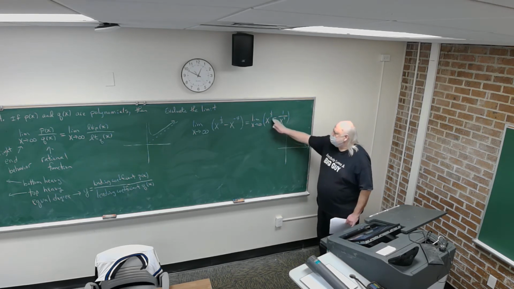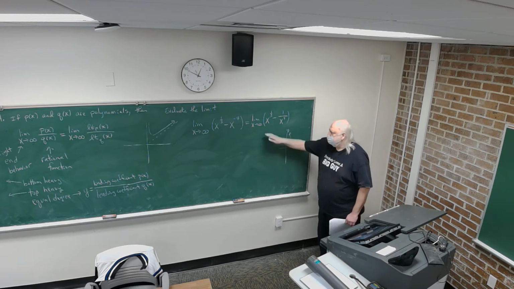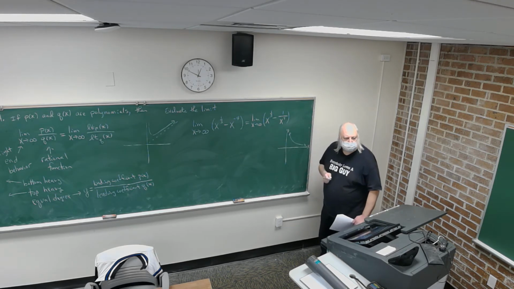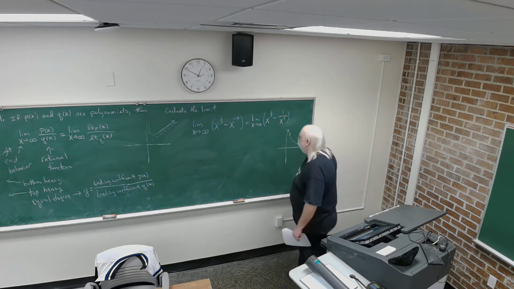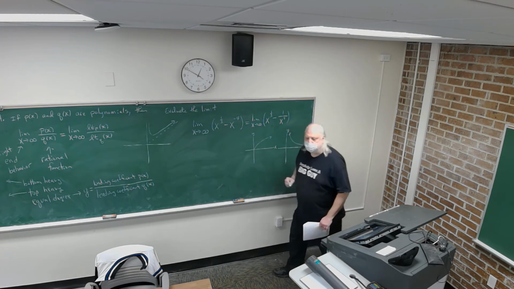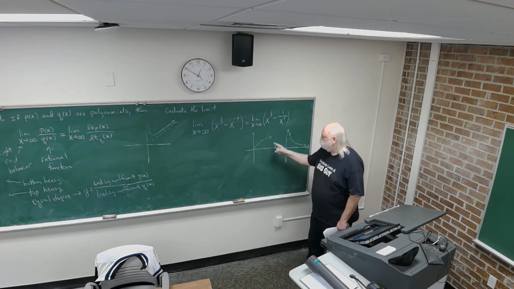What about x to the 1/3? As x increases without bound, what does x to the 1/3 do? Slowly gets larger. Is it increasing without bound? At a slower rate, but it's still increasing, because the graph of x to the 1/3 for positive values of x looks like the square root function, like x to the 1/2.